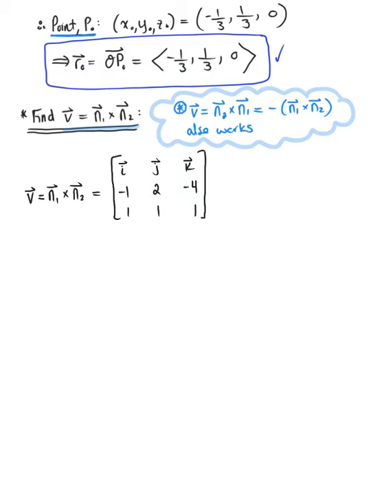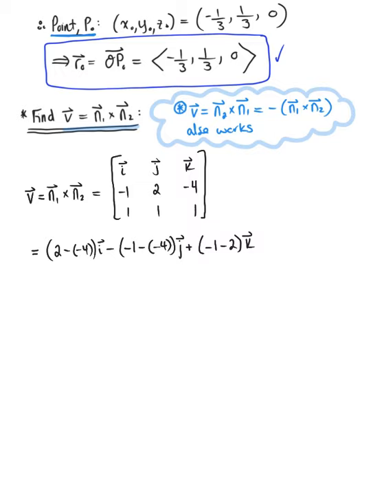So by the definition of the cross product, we are left with 2 times 1 is 2, minus 1 times -4 is -4, i hat, minus -1 minus a -4, j hat, plus -1 minus 2, k hat.